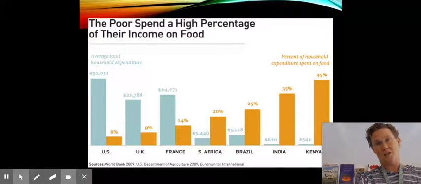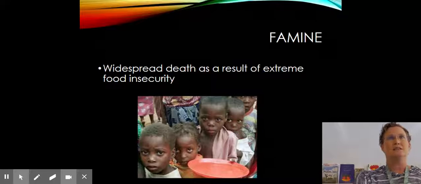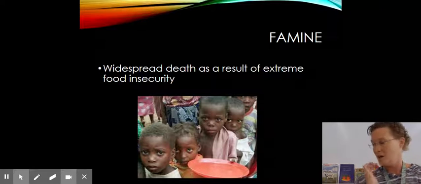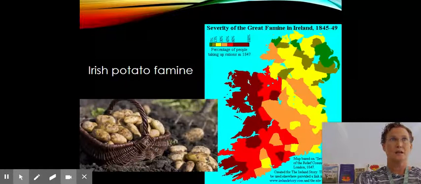So the poorer the country, the poorer the people, the more percentage that they spend on food. And this can end up leading to really horrible consequences. So famine is widespread death as a result of food insecurity. This is something to write into your notes.